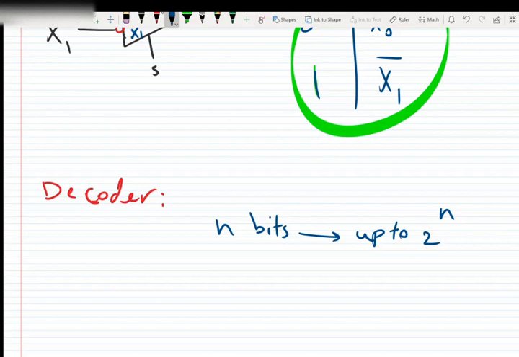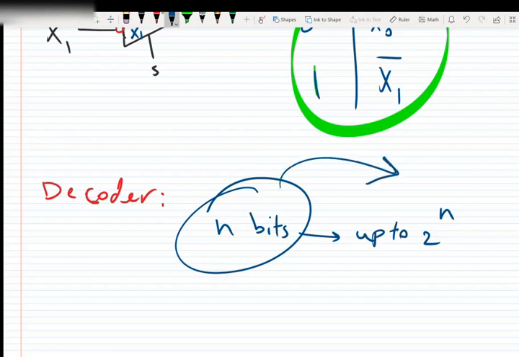A decoder is a combinational circuit that converts the binary information from n input lines to a maximum of 2 to the power of n unique output lines.